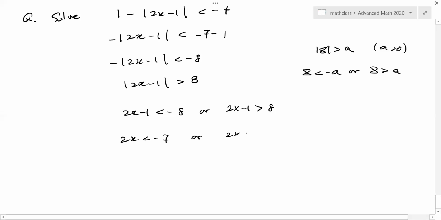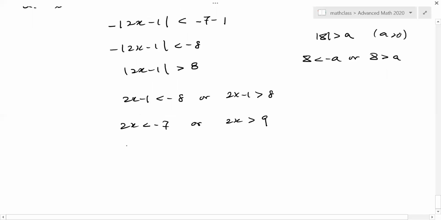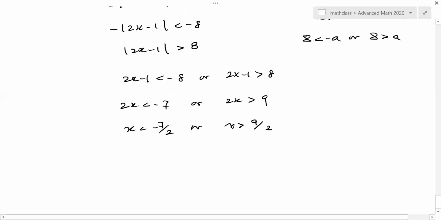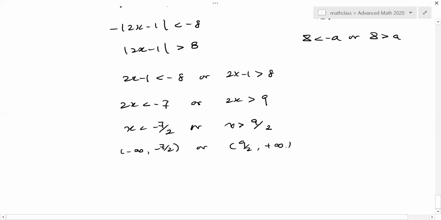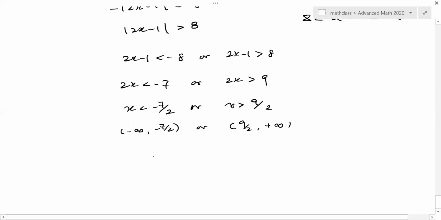And it's going to be 9. Then you divide both sides by 2. Okay. So if you want to use the interval notation, this inequality would be negative infinity to negative 7 over 2, or this inequality would be 9 over 2 to positive infinity. Then you can combine them.